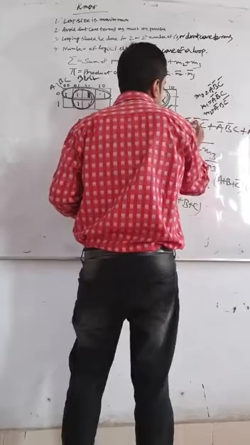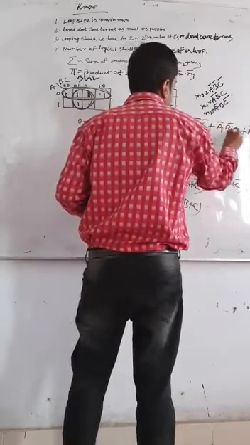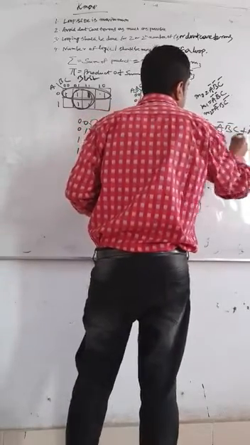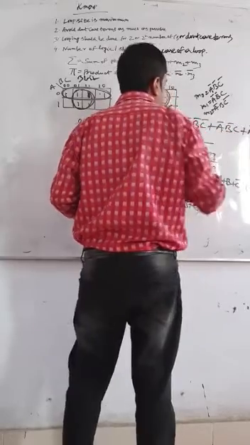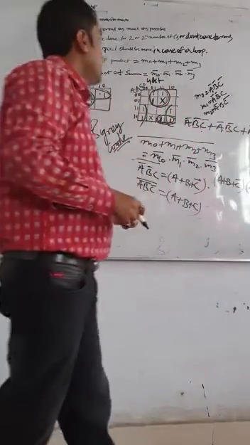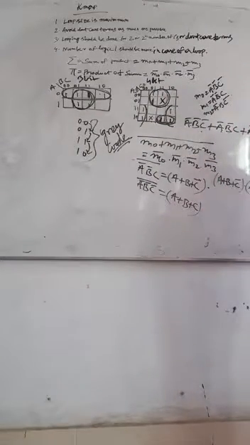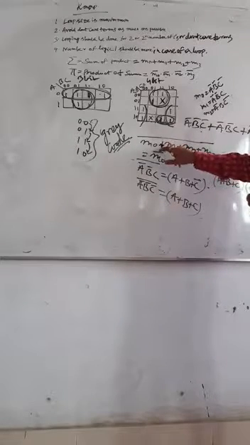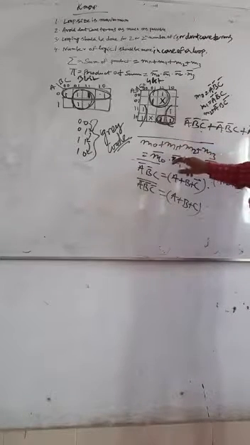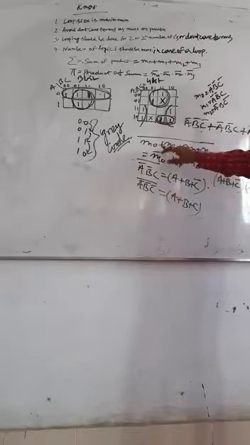These are products. This is sum of products. If we take the bar of this, according to De Morgan's theorem, the OR gates will become AND gates, and it will become bar.